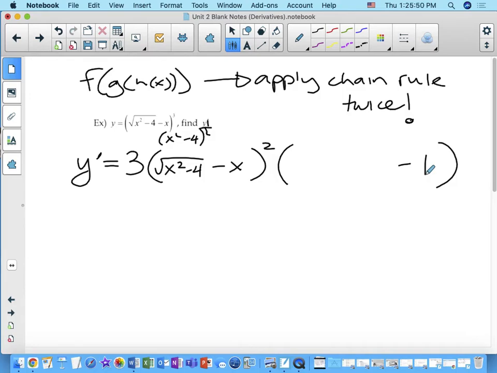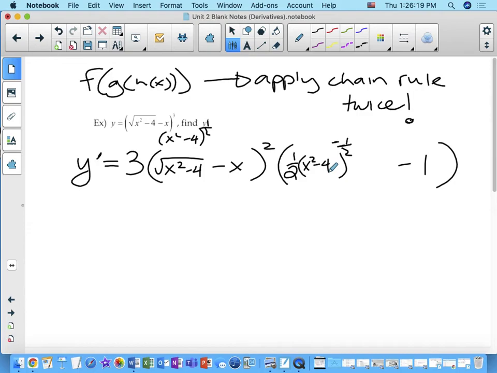x squared minus 4 to the 1/2. What's the outer function there? Yeah, something to the 1/2. So the derivative of that is 1/2 times that same something to the negative 1/2. And that something in there is x squared minus 4. And then we need to multiply that by the derivative of the inner function.